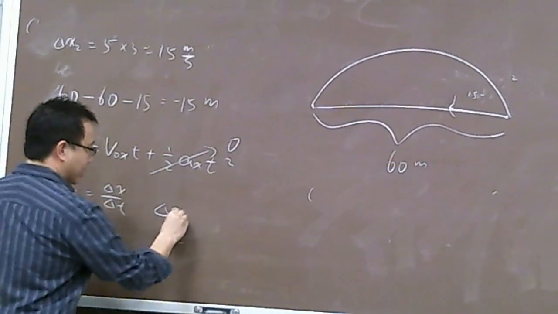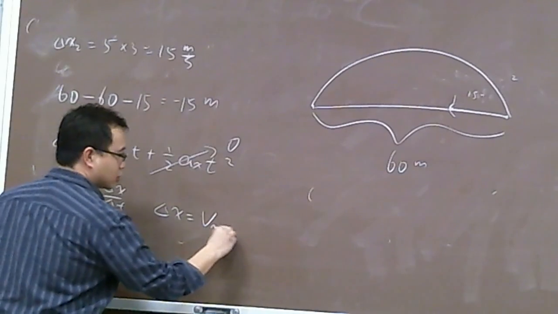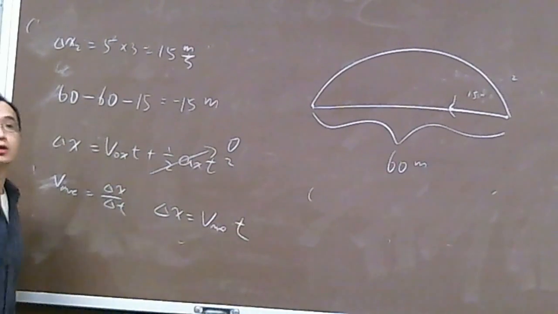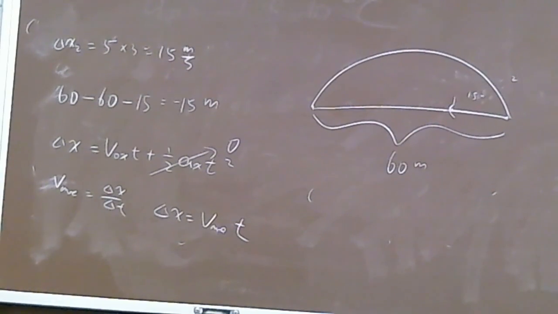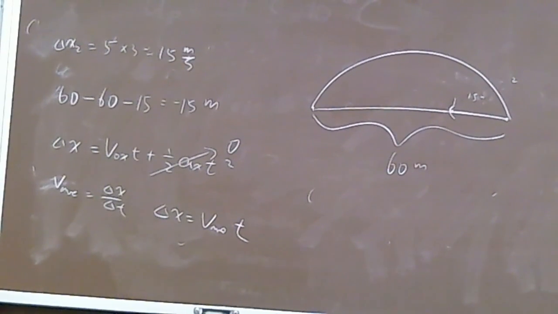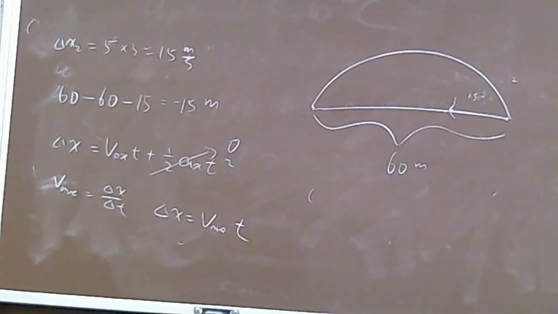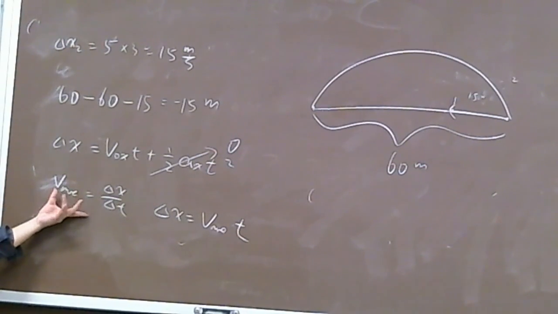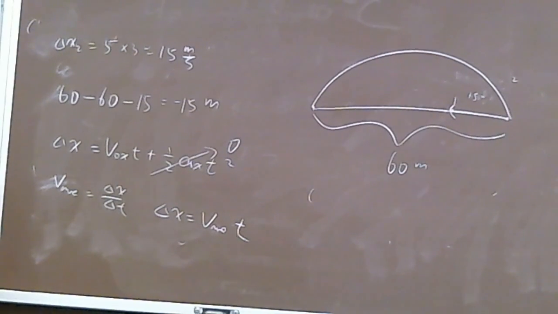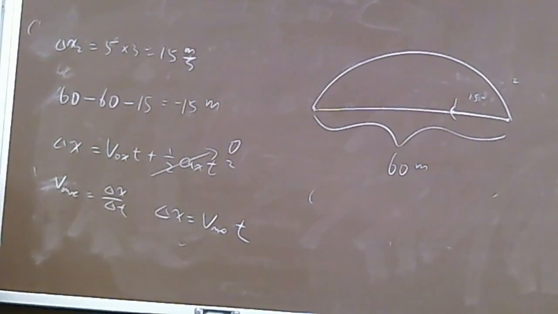So of course, delta x equals v average multiplied by delta t. Don't forget this special case of the kinematic equation, also given by the average velocity. If you have constant velocity, then you can simply use this and find it. Any question here?